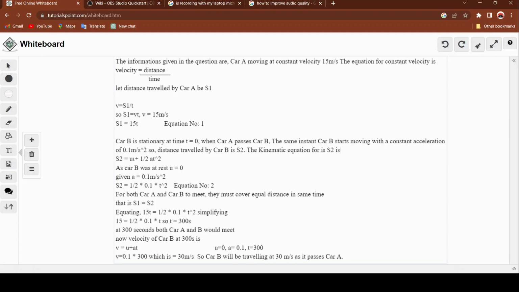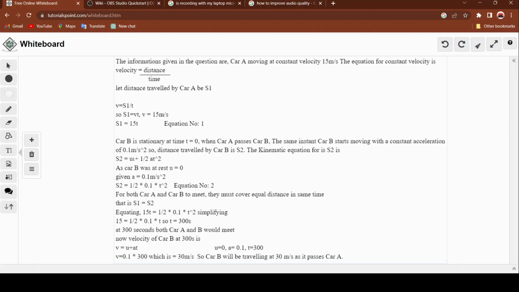On equating, we get 15t is equal to half times 0.1 times t square. On the left hand side there is a single t and on the right hand side there is a t square, so a single t can be cancelled on both sides. The equation reduces to 15 is equal to half times 0.1 times t.